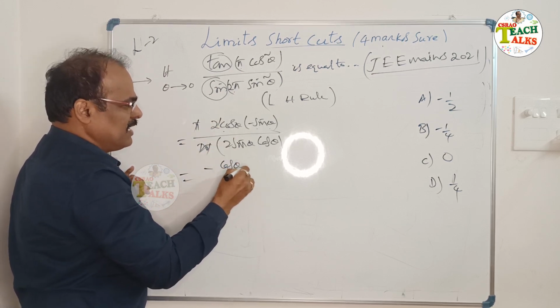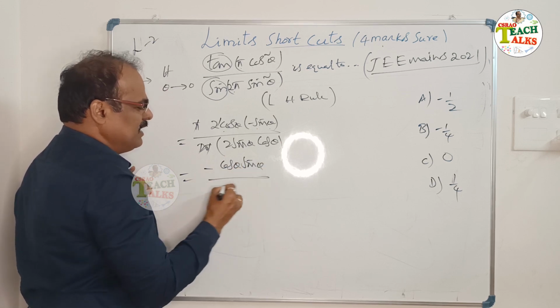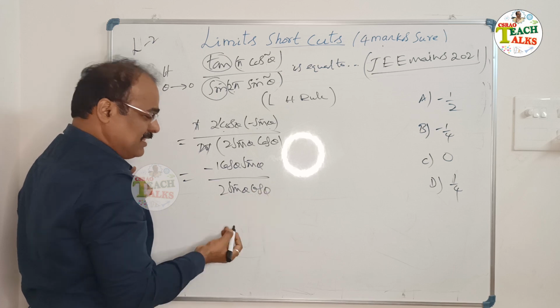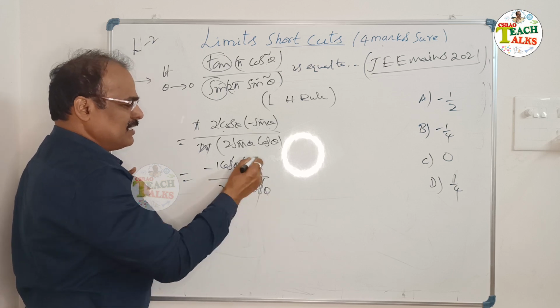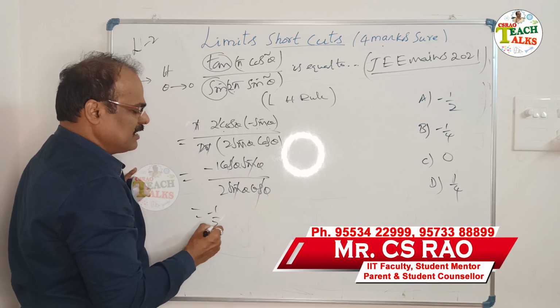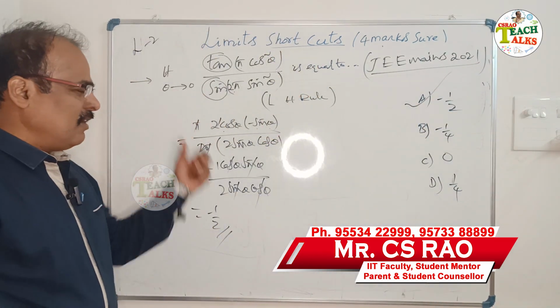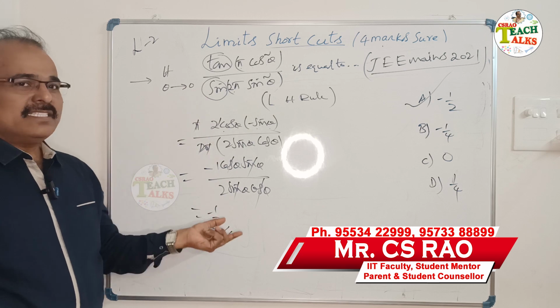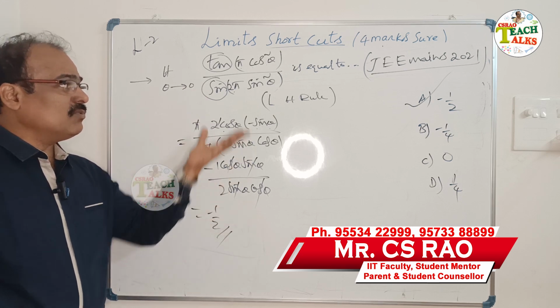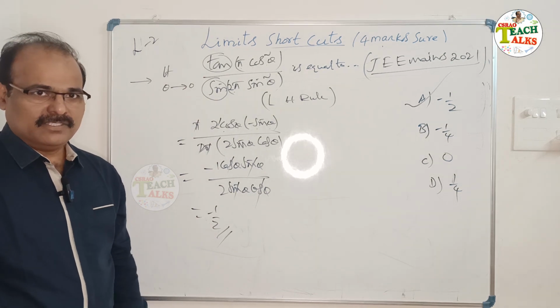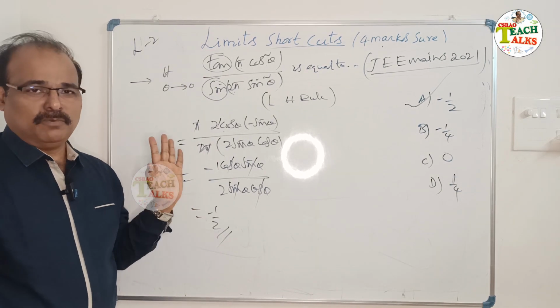Minus cos theta sin theta by minus 1 into sin theta cos theta. No need to write this step also. Cos theta gets cancelled, sin theta gets cancelled. You get minus 1 by 2. This is the answer. Oh, it is easy. In less than 10 seconds you can answer this question. 2021 JEE Mains. See, very simple.